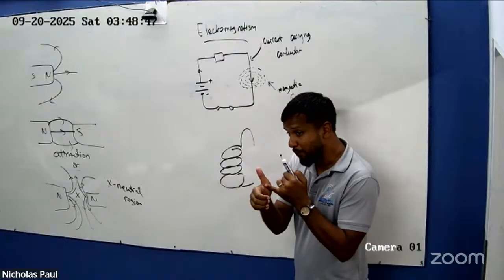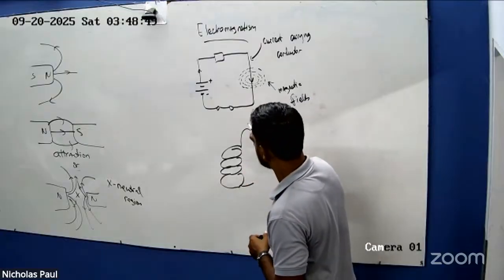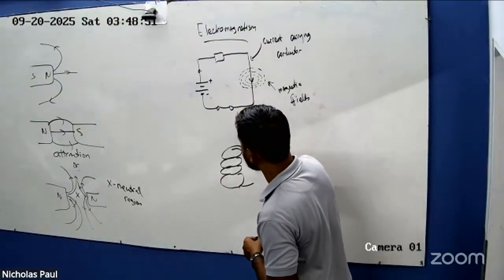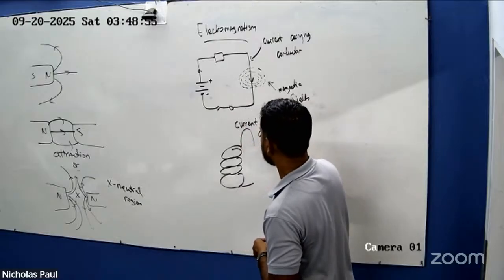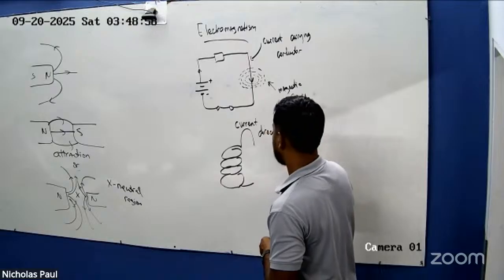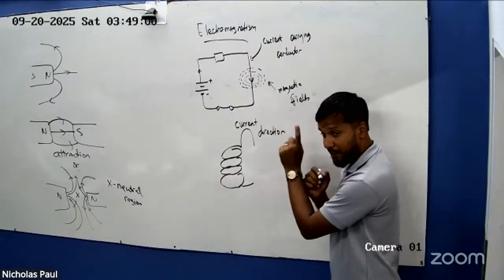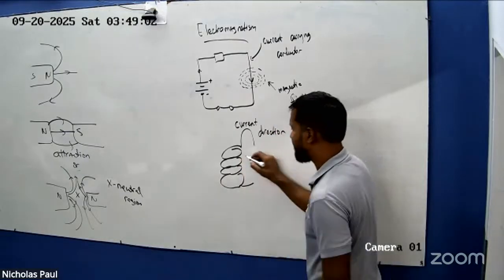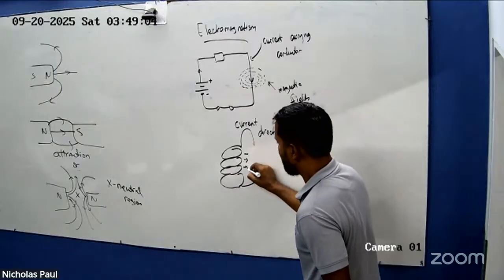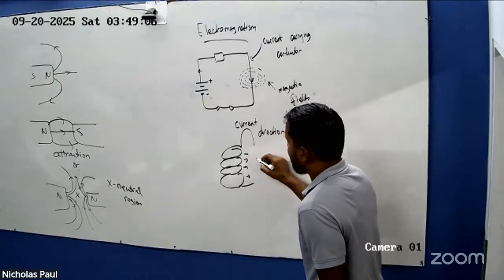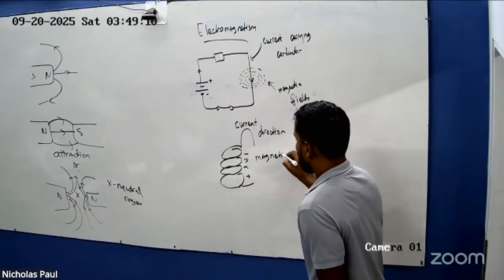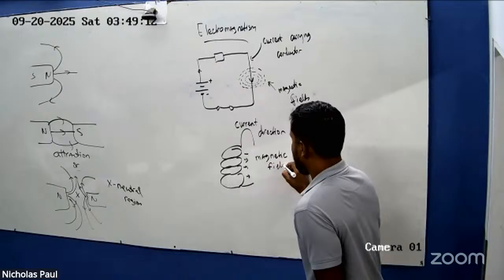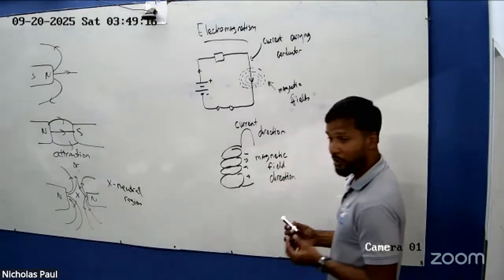Your thumb gives you the current direction. And your fingers, that's all these here, your fingers give you the magnetic field direction.